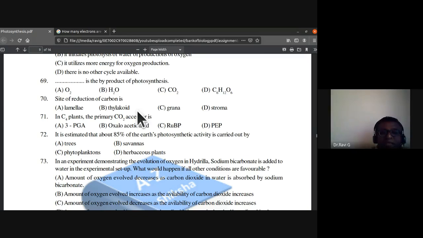Where does the reduction of carbon take place? Is it lamellae, thylakoid, grana or stroma? Where does the Calvin cycle take place? It is taking place in the stroma, isn't it? So for 70th, the answer is D.